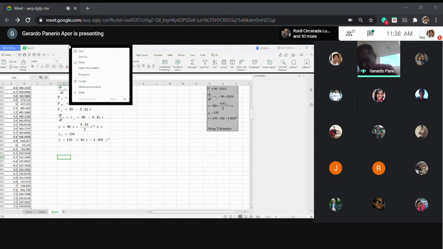4.905 times 4 times 150 plus 90 times 90. Then I will take the square root. So 105. Okay. I will use the positive sign. So I have to subtract 90, then divide it by 2, divide it by 4.905. I get the time.